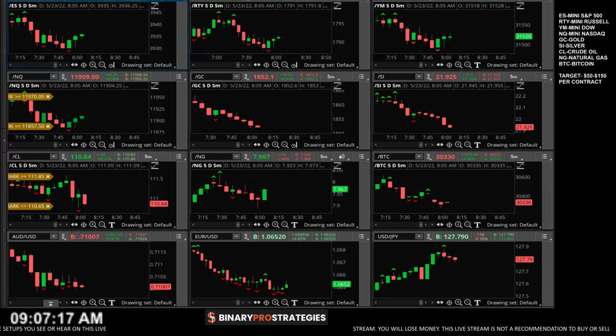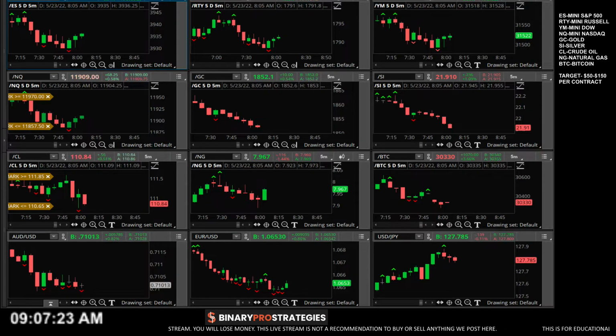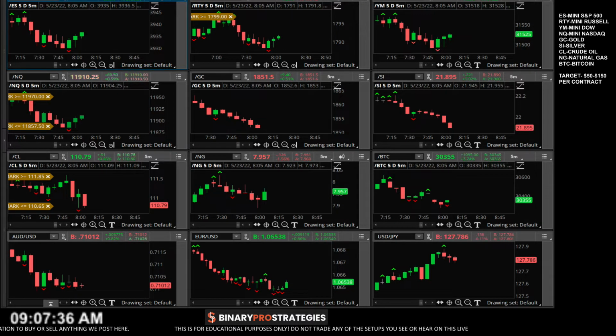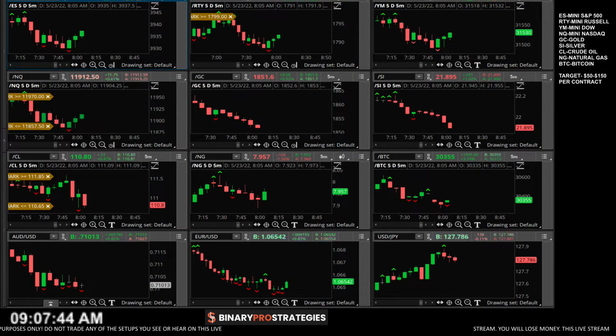Target on RTY is going to bring you up to 17.99. It's already had a pullback, so a little bit better entry here. Entry is anything below 1794. Reversal, if we need the reverse, is going to be 1784.